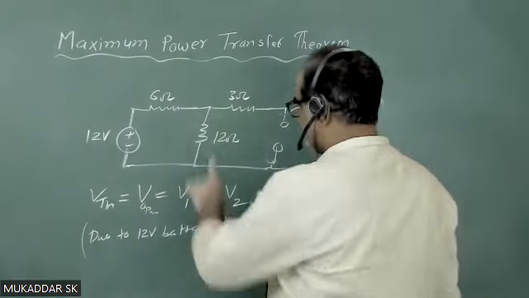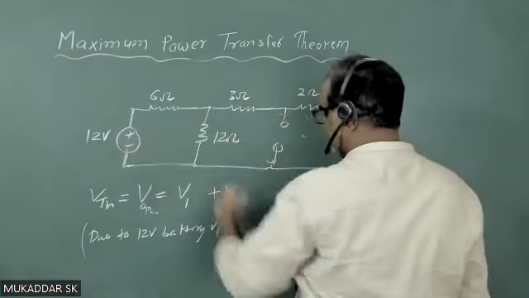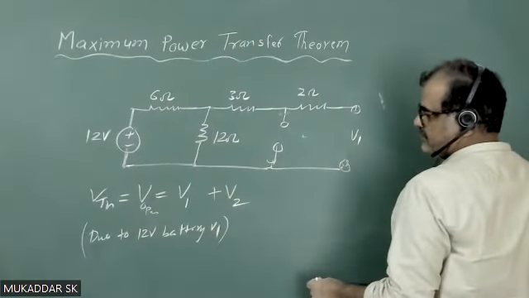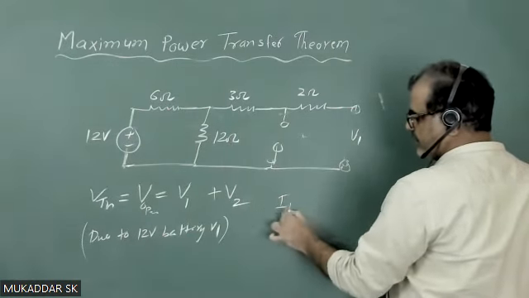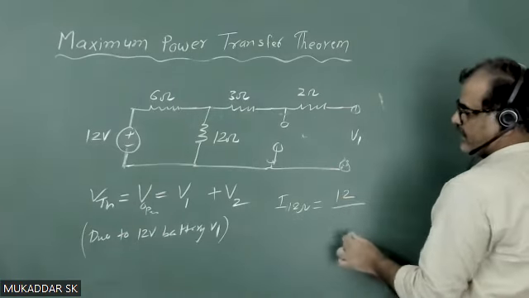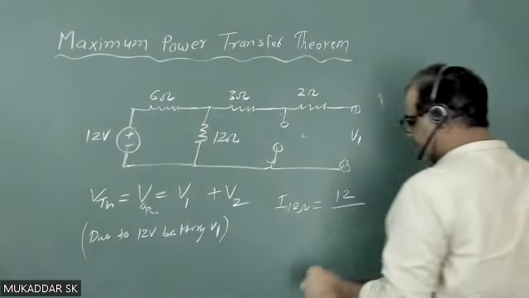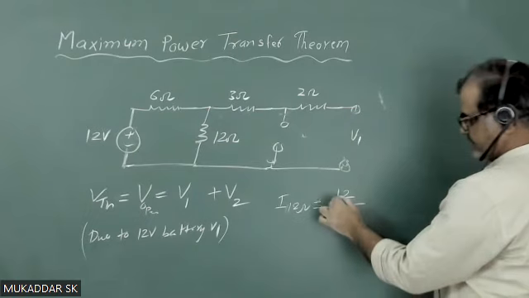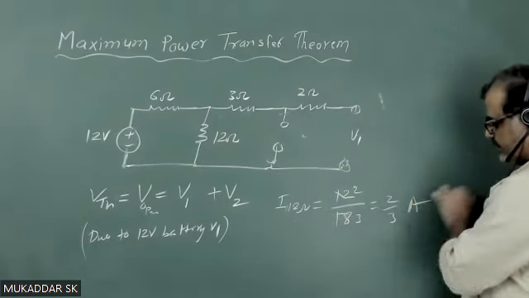If I calculate the voltage across the 12 ohm, that is a simple circuit. I can apply KVL or calculate the total current. The current flowing through the 12 ohm resistance will be 12 volts divided by the total resistance. No current is flowing here, so the total resistance will be 18, and the current becomes 2 by 3 ampere.